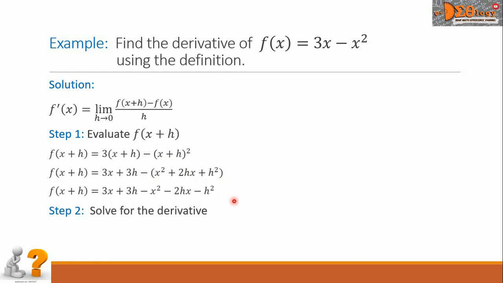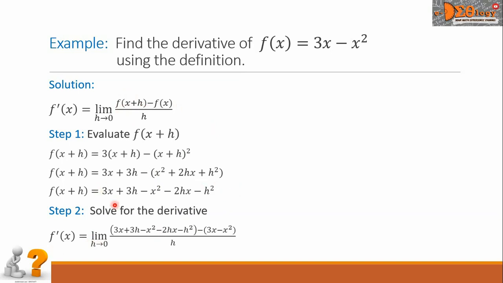And then step 2, solve for the derivative. Let us now substitute the corresponding value to our formula here. So we have now f prime of x equals the limit of this function f of x plus h is now the value that we solved from step 1.